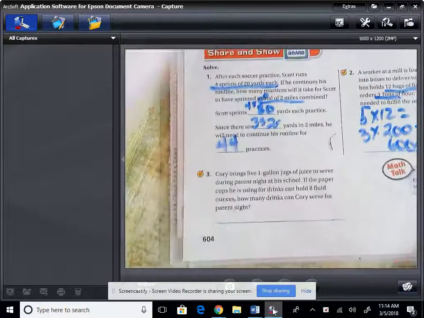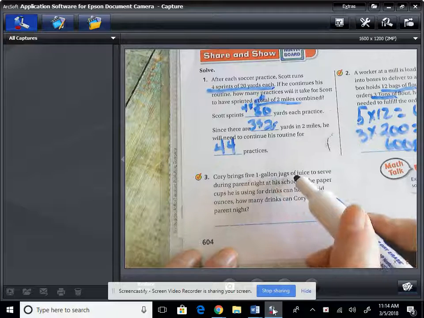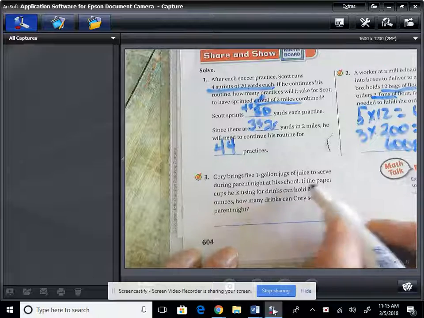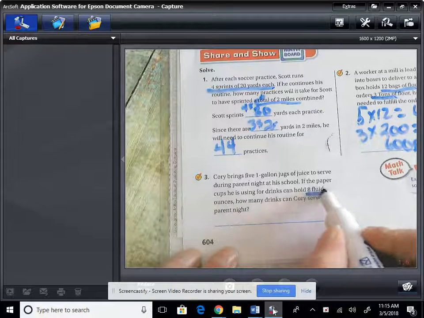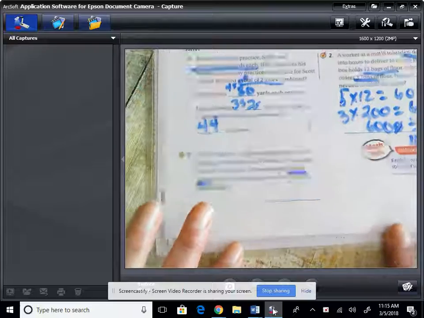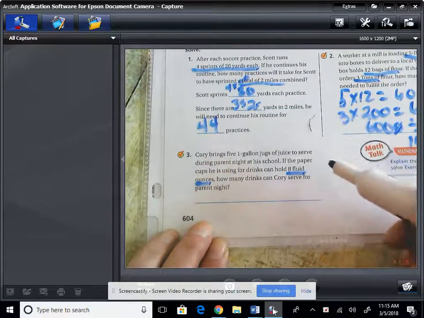All right, here we go. Corey brings 5 1-gallon jugs of juice to serve during Parents' Night at school. If the paper cups he is using hold 8 fluid ounces, how many drinks can he serve? First we've got to figure out how many ounces we have.